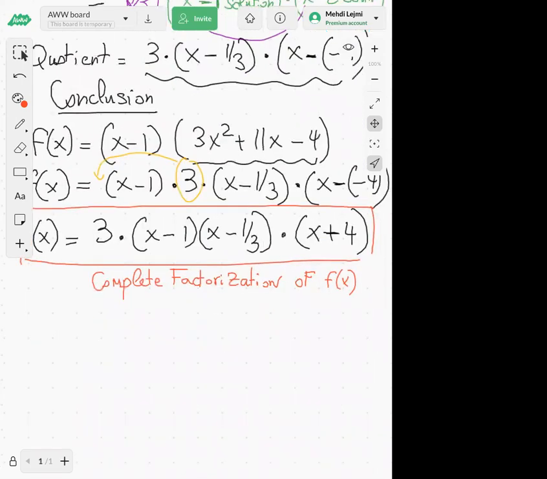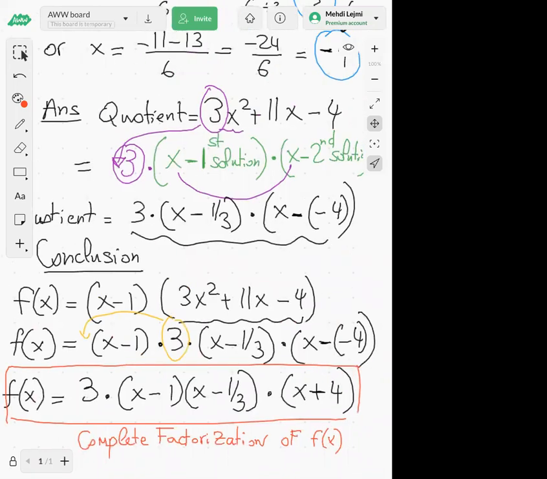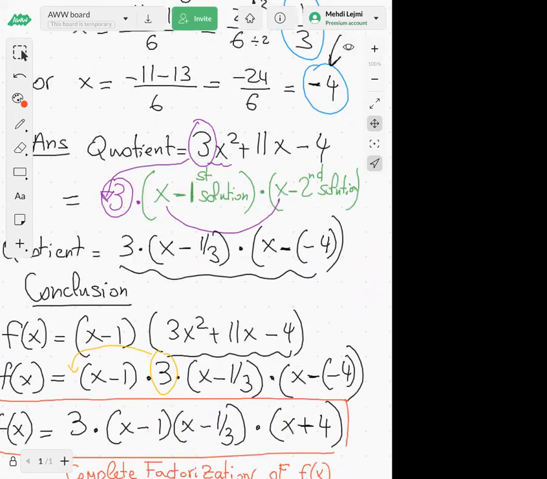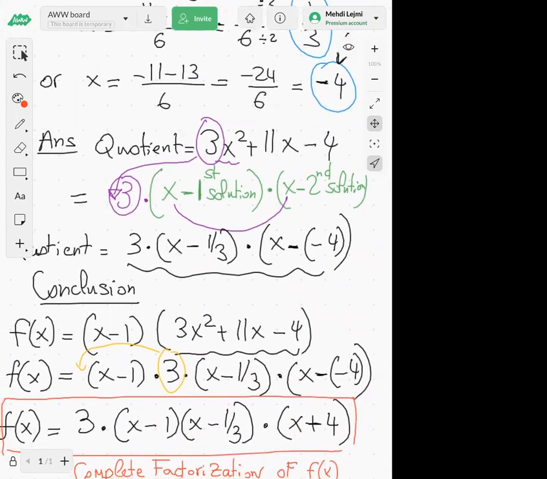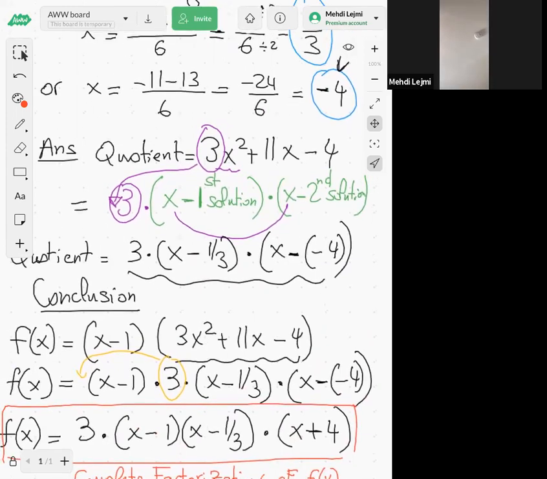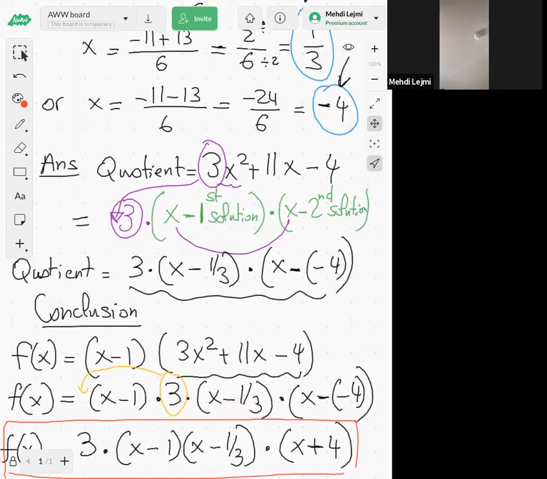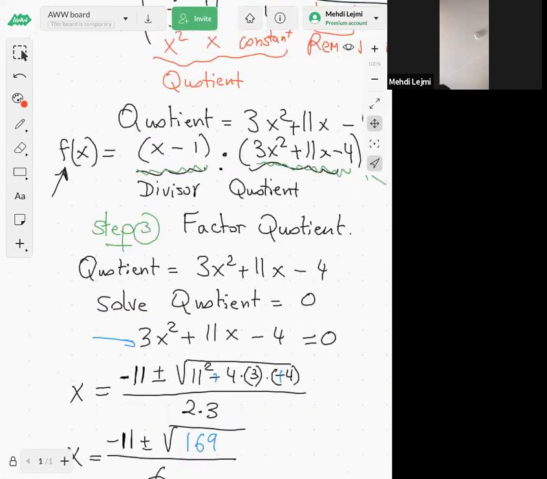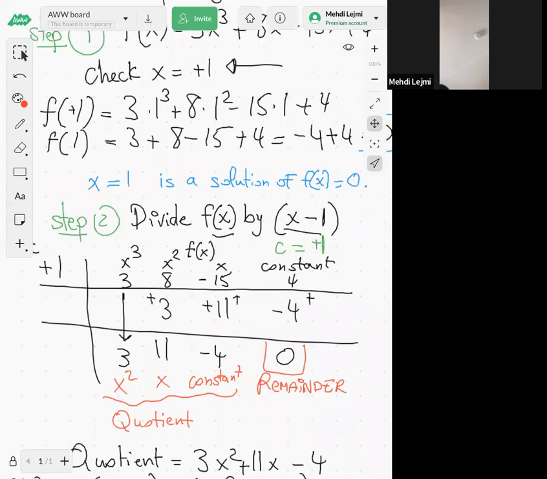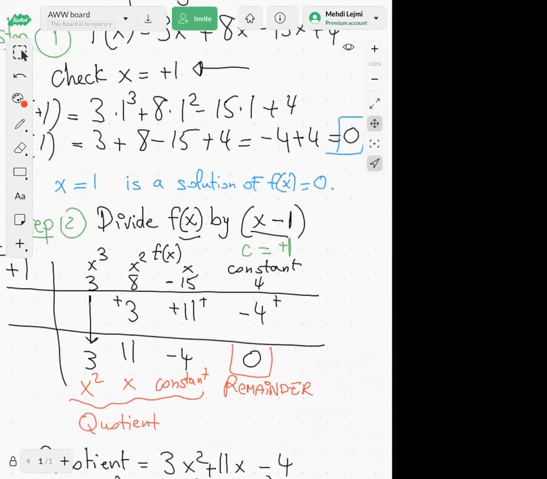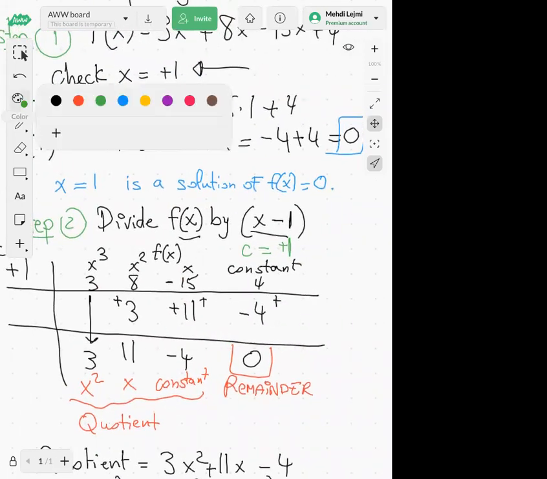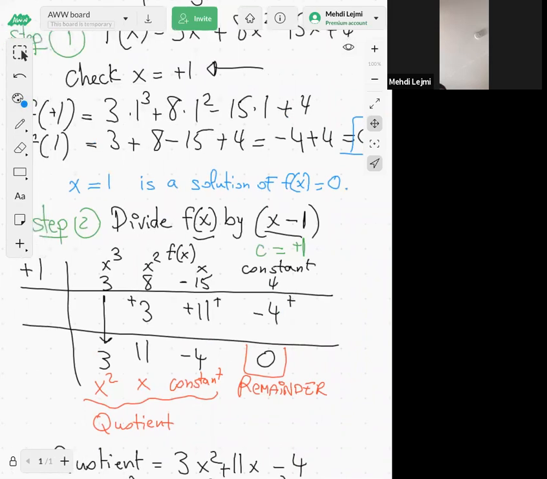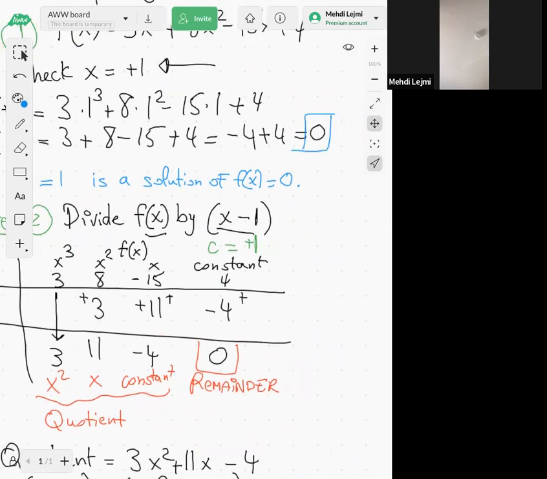I have a question. Yes, please. Do we have to choose only one answer on the list to do all that work? Yeah, just one answer. Here, I just tried one answer because it worked, because I got 0, right? When I plugged in 1, f of 1, I got 0.